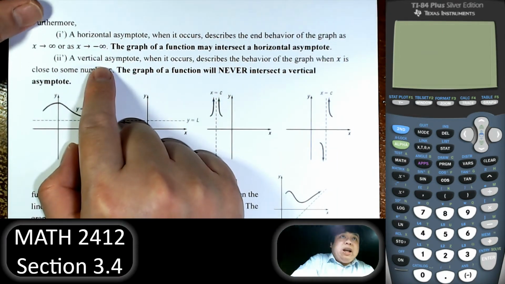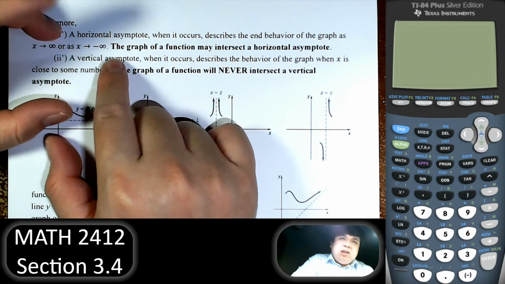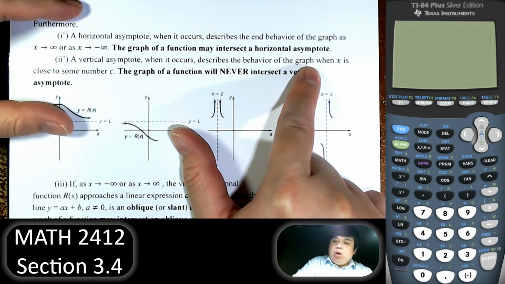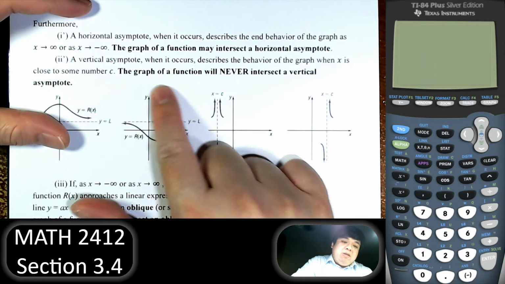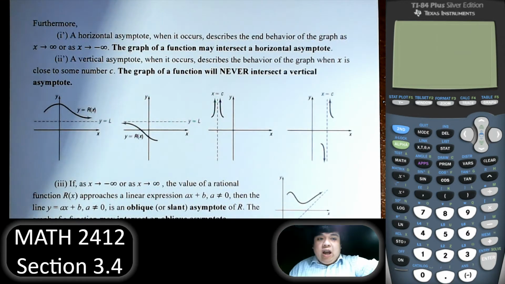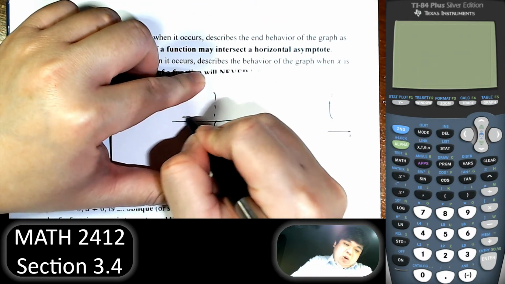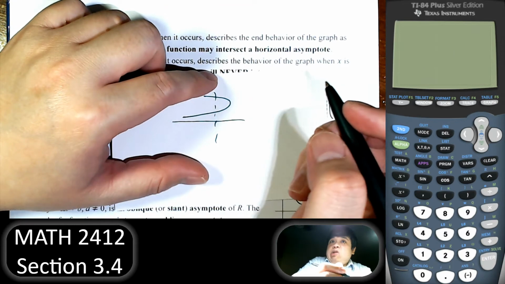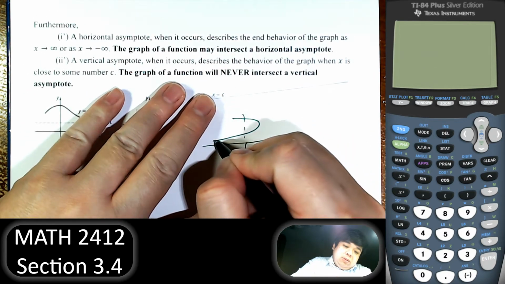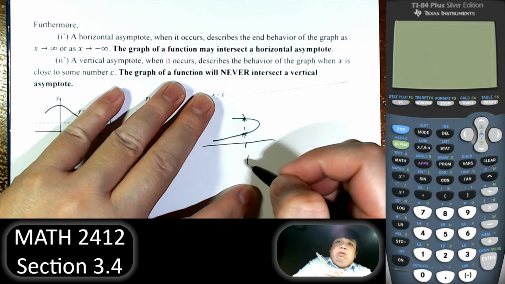Now, furthermore, as far as the asymptotes go, the graph of the function may intersect the horizontal asymptote, but the graph of the function will never intersect a vertical asymptote. If we have the vertical asymptote and the function going like this, it's not even a function, it fails the vertical line test.